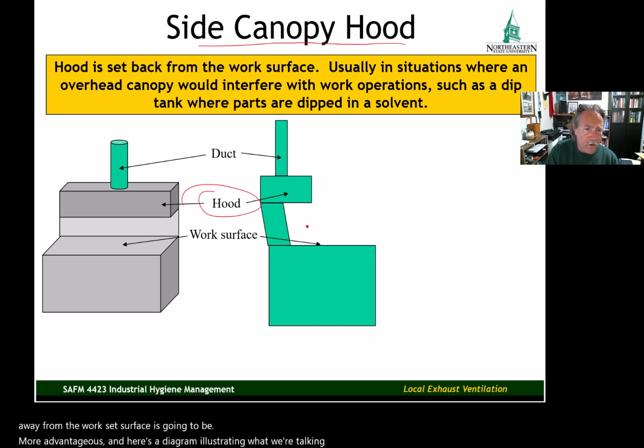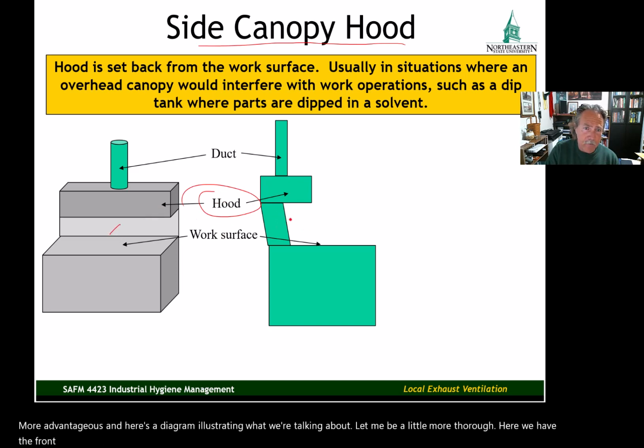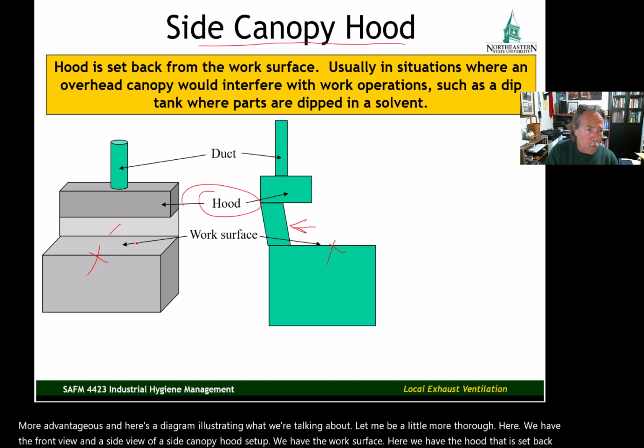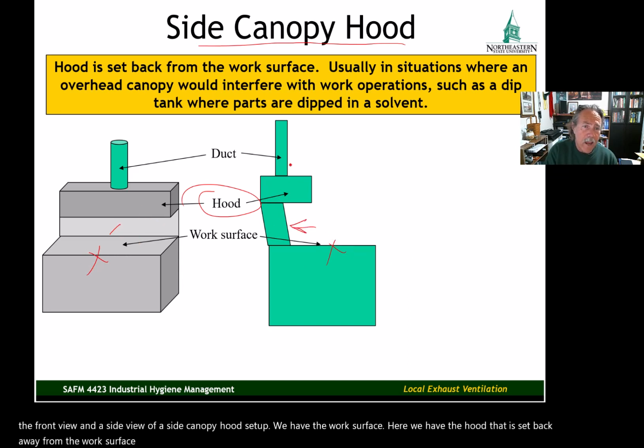Let me be a little more thorough here. We have the front view and a side view of a side canopy hood setup. We have the work surface here. We have the hood that is set back away from the work surface. And then we have the ductwork that's connected to the hood, and then the fans in the system creating the negative pressure and sucking the contaminants into the system.